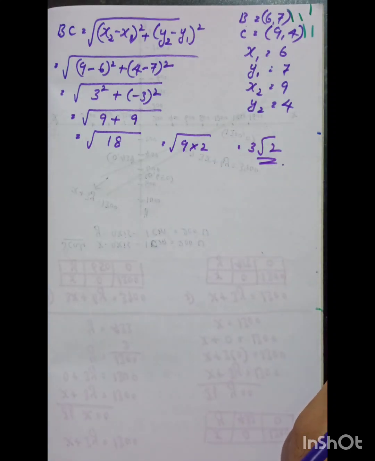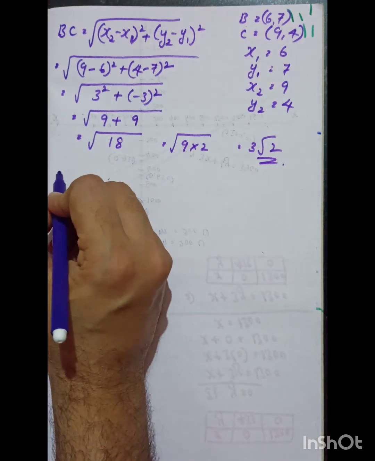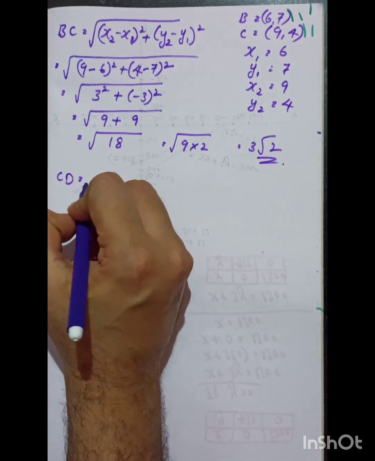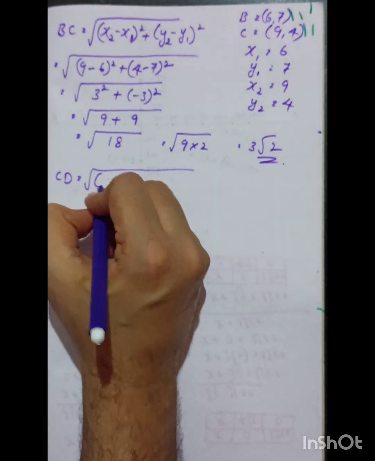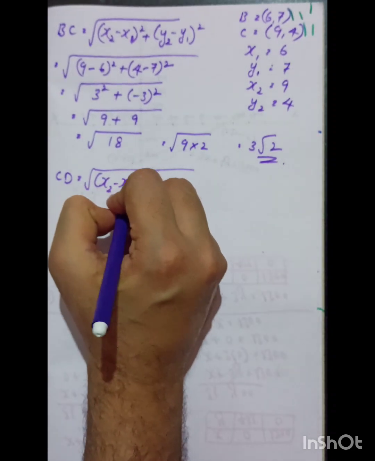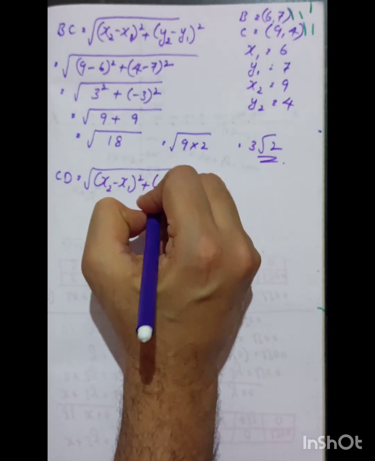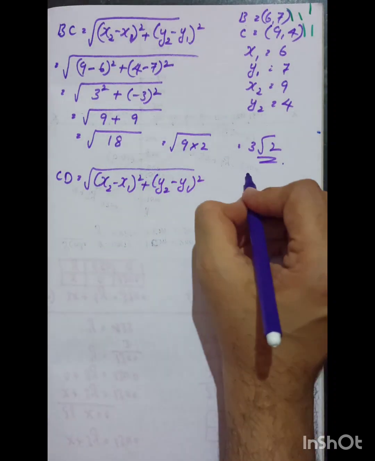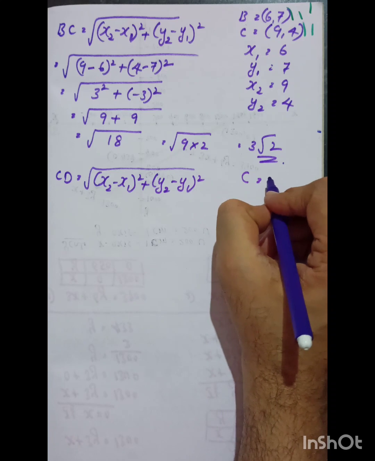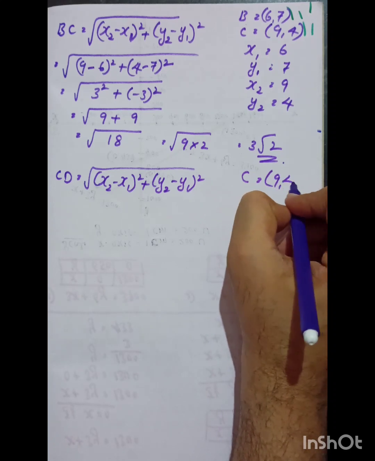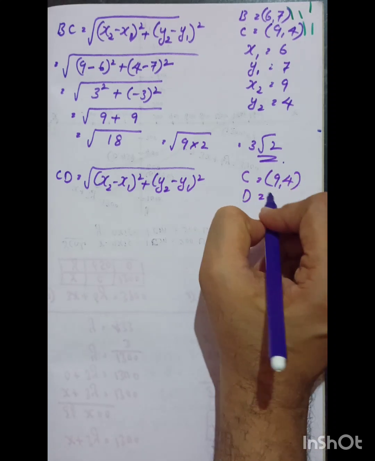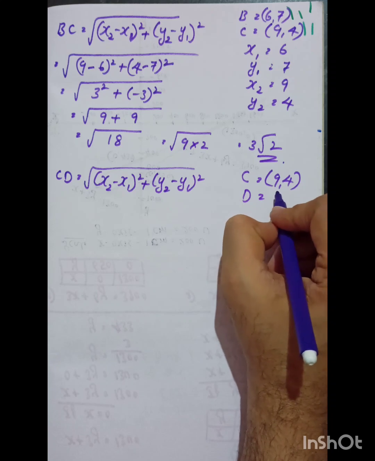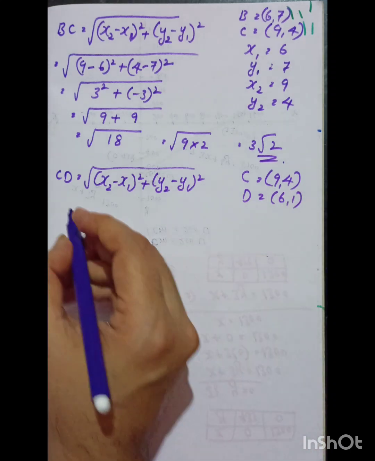Now let's do CD. x2 minus x1 whole square plus y2 minus y1 whole square. So C equals 9, 4, D equals 6, 1.